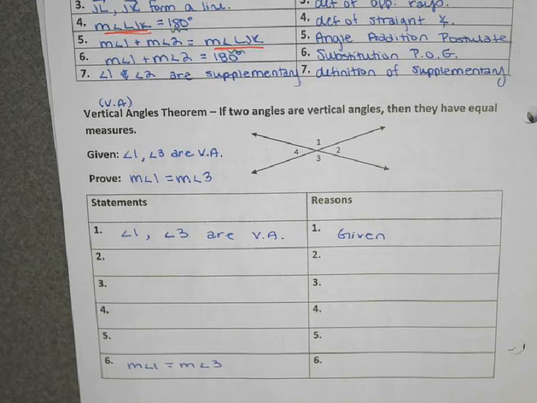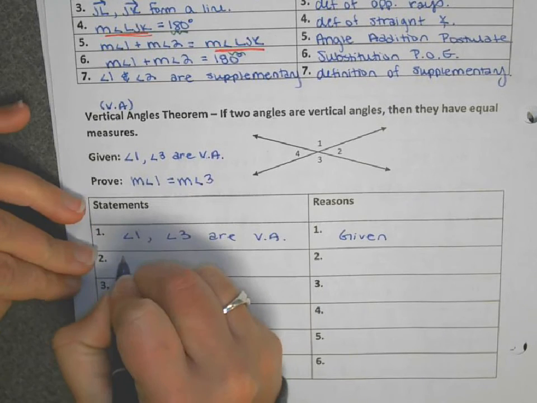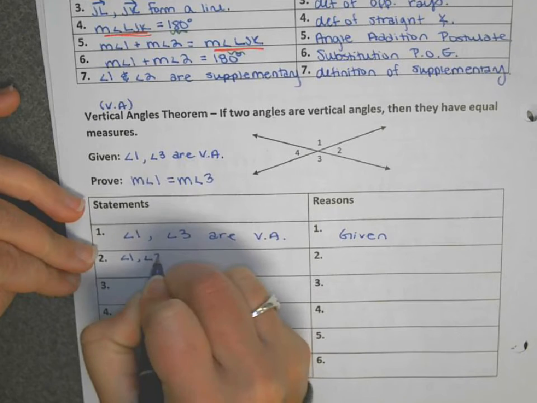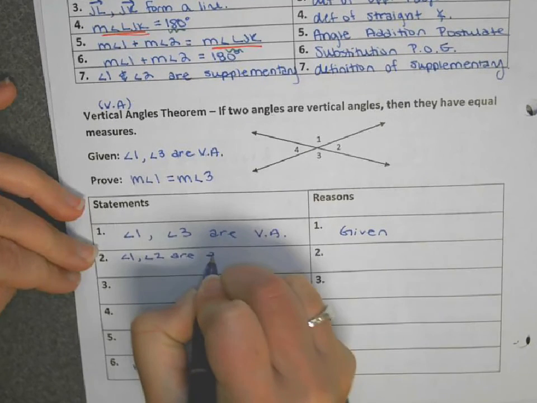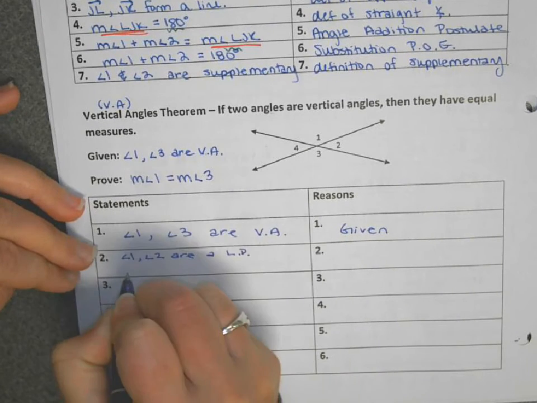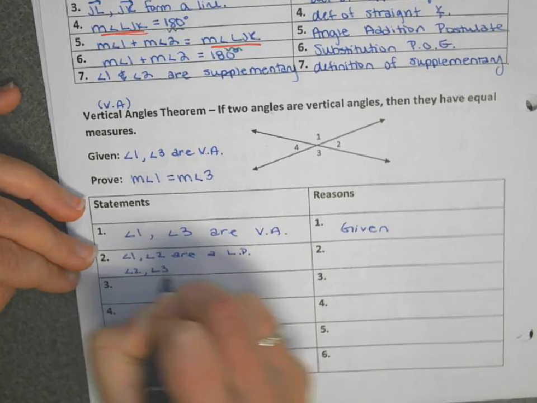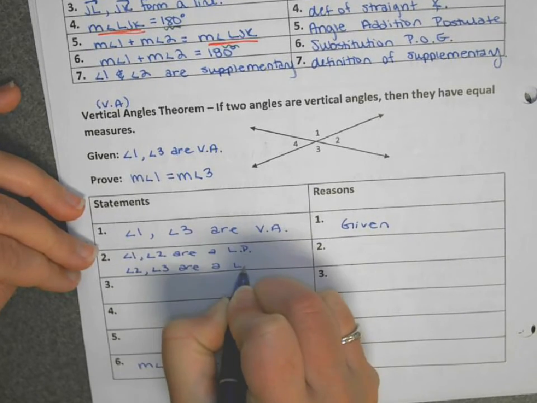So, angle 1 and angle 3 are vertical angles. That is given. I know that angles 1 and 2 are a linear pair. I also know that angles 2 and angle 3 are a linear pair.